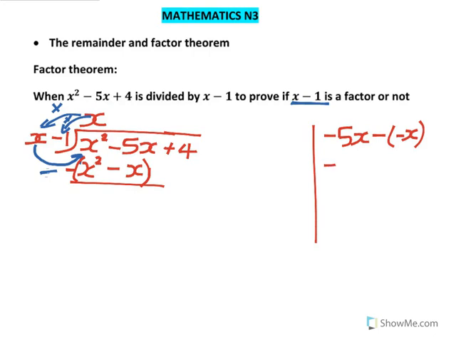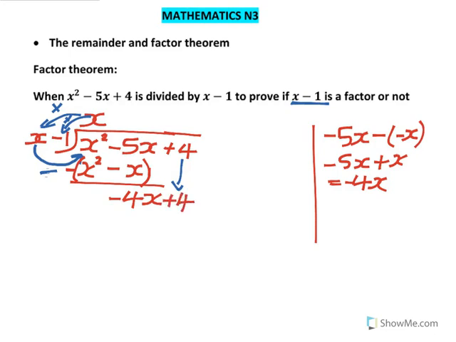You are going to get minus 5x plus x, which is equal to negative 4x. After that, like previously, you bring down the 4 with its sign.